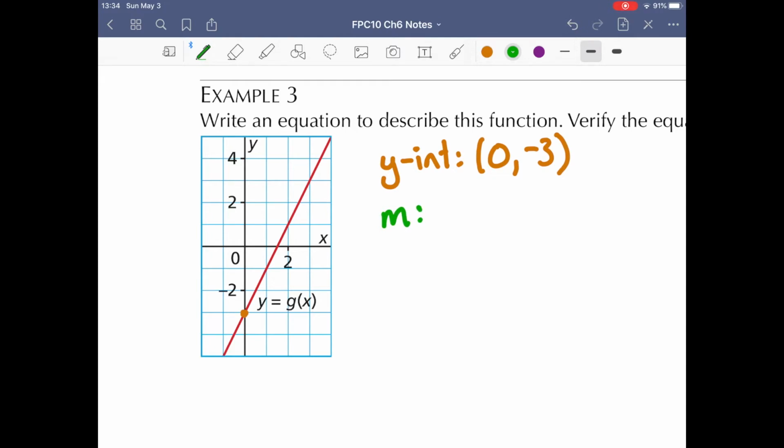So we find 2 points on the graph that intersect corners properly, very nicely, and then we look at the rise, plus 2, and a run of plus 1. So our slope is a rise of plus 2 over a run of plus 1. Now we can write our equation in y equals mx plus b form.